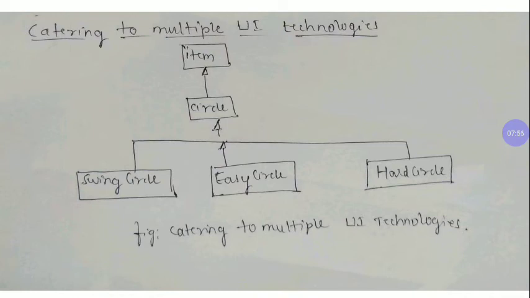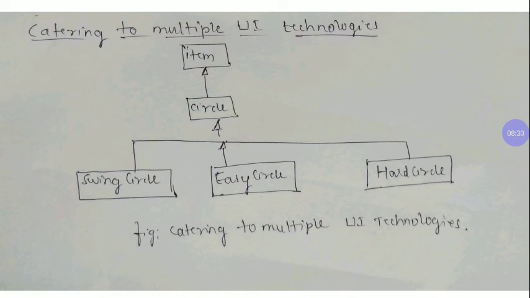You see here, swing circle is there. As you know, swing is for creating the UI. Let us assume we have two other technologies, easy circle and hard circle. We want each item to be customized for a kind of UI. To adapt the design to take care of the new situation, the circle class implements most of the functionality of the circle, except those that depend on the UI technology.